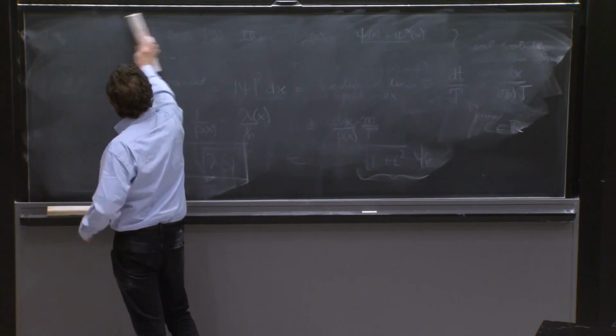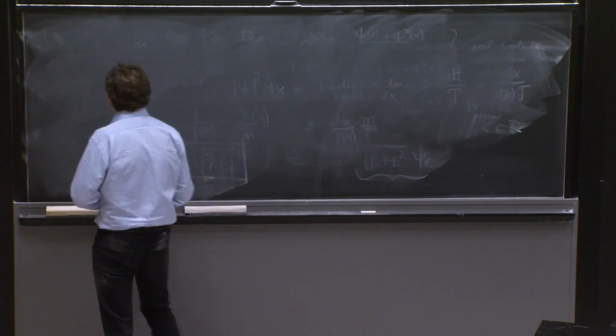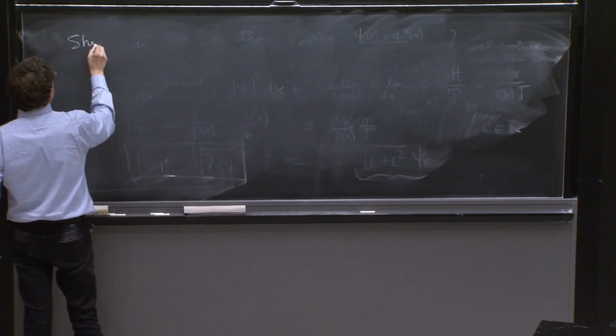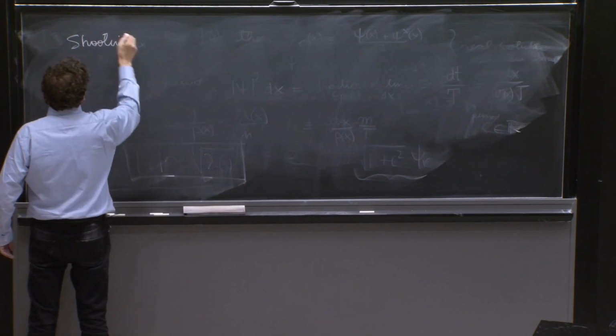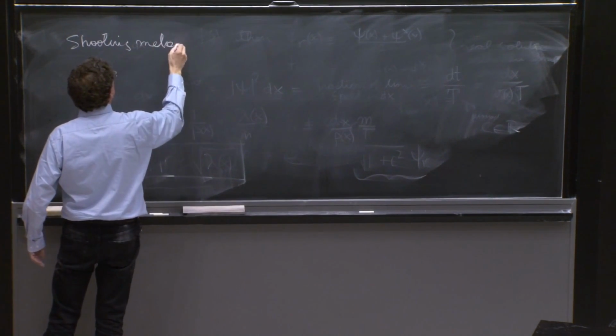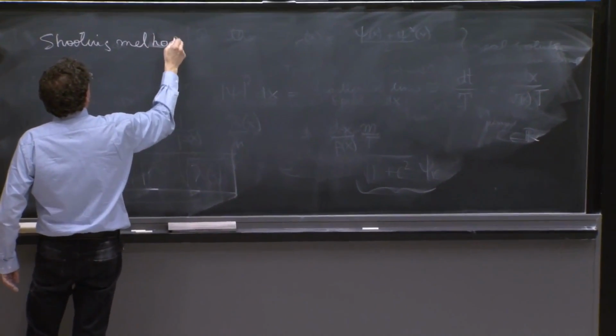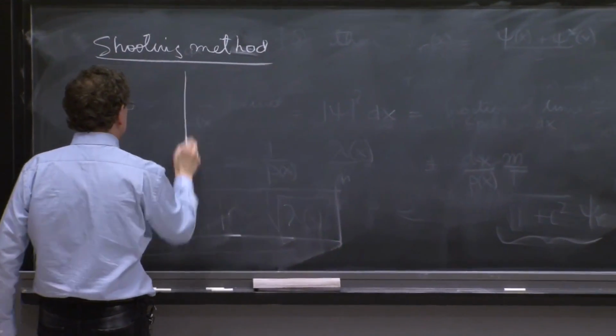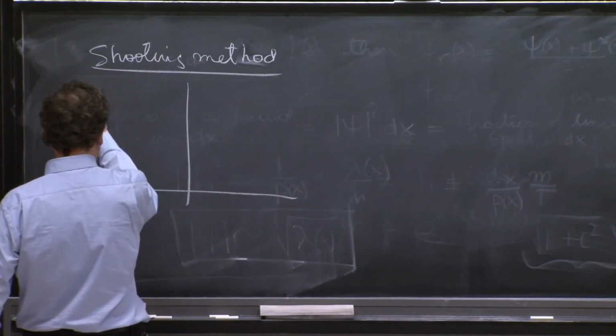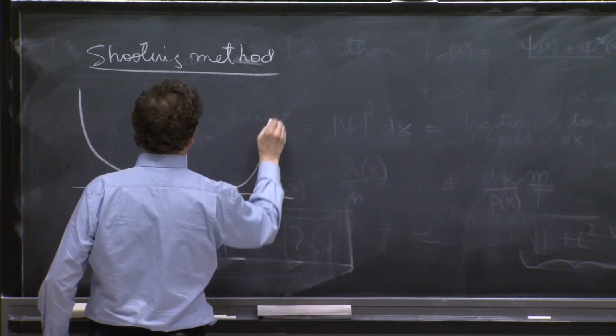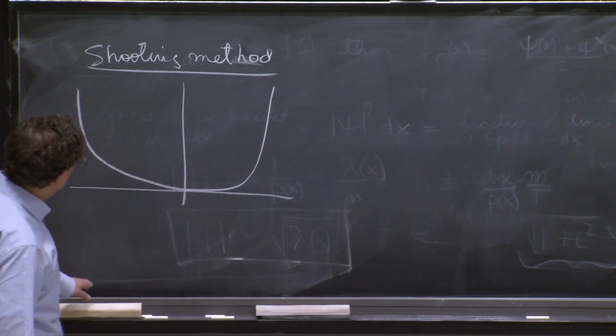So the shooting method in differential equations is quite nice. Shooting method. Suppose you have a potential that is symmetric. Maybe it's something like this. It doesn't look very symmetric.